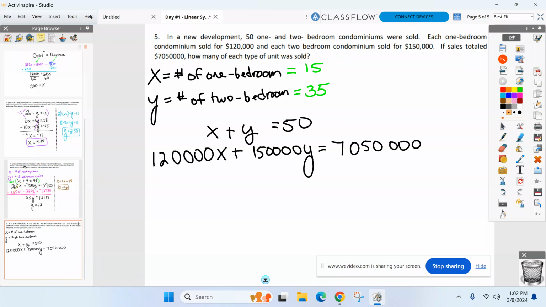If you can't get that, we're just not circling it and moving on. Call me over if you can't get that. But we should be getting 15 and 35 out.